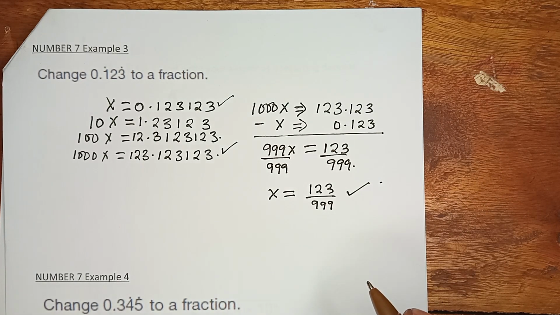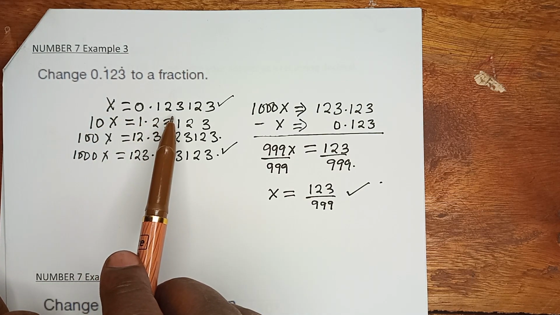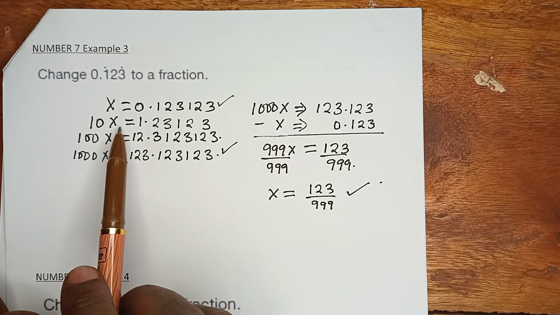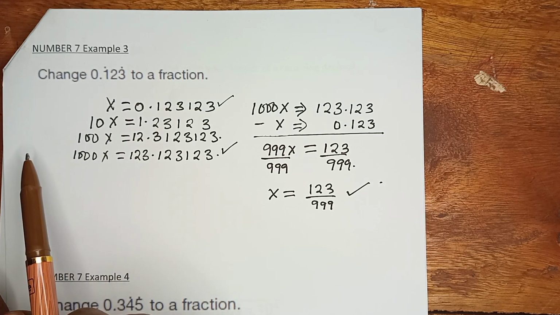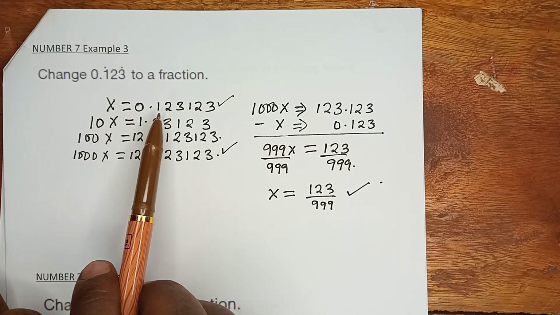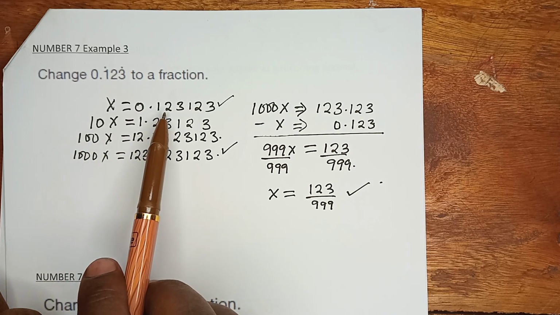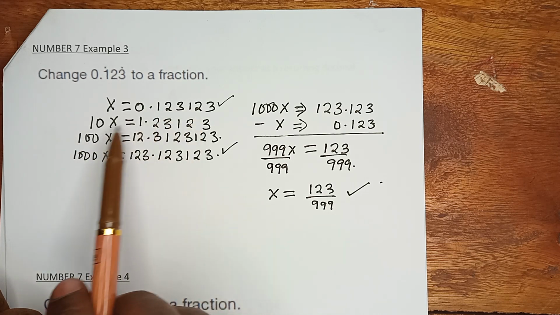I would want to say something about this example. Now that we had x, which is 0.123123, and we were looking for 2 numbers which would be identical after the decimal point, automatically we would have known that 10x is not going to have 123.123, and 100x is not going to have 123.123.